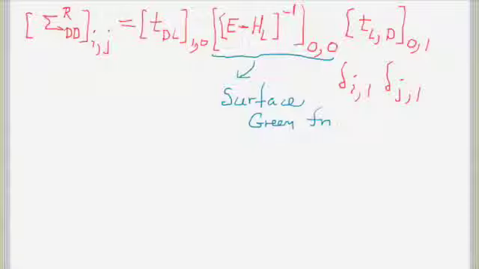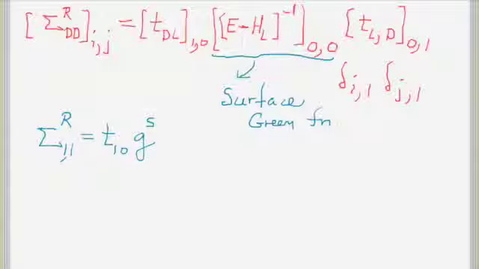So the general form that people write this down as is that sigma, due to this coupling to the left lead, 1, 1, is equal to T10 G. I'm going to call this a retarded Green function, but I'm giving it a special name for surface.